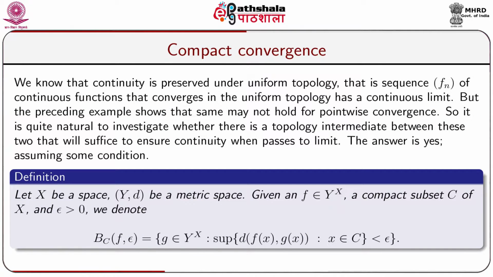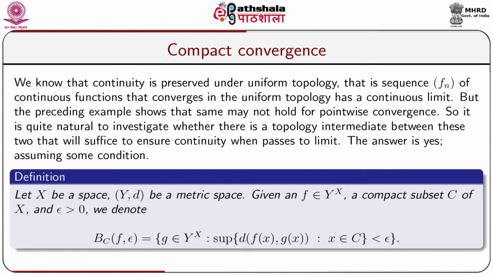We now like to investigate one topology which behaves somehow like uniform topology. In the previous example, we have seen that in the topology of pointwise convergency, it is possible that a sequence of continuous functions converges to a function which is not continuous.